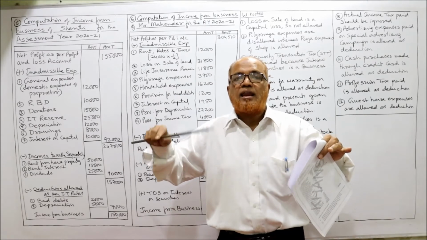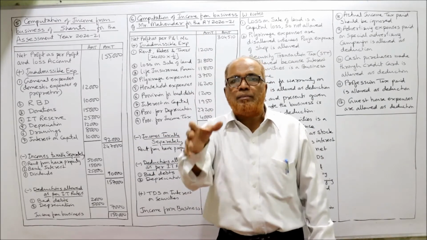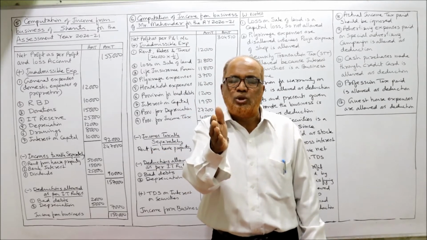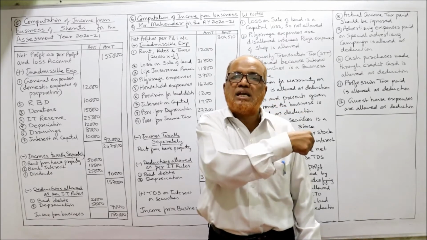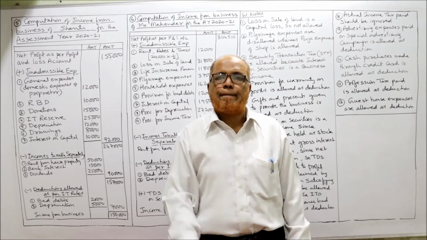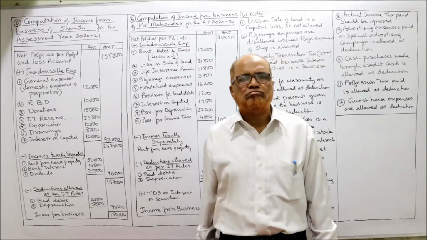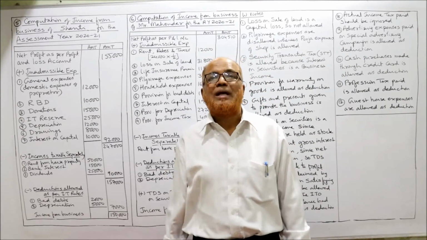In this, rent of premises is 24,000. Actually, the complete premises is not used for the business. Half of the premises is used for business, and the remaining half is used as residence. The rent of residence will be disallowed. Rent of residence of the owner is disallowed, not business expenditure. So 24,000 half, 12,000.